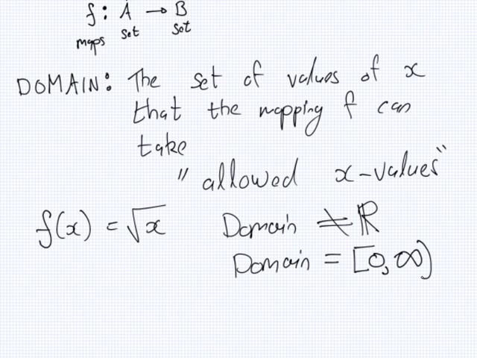So it's what I call the allowed, the legal values of x. Do you understand what I mean when I say allowed? Like the permitted values, the legal values.